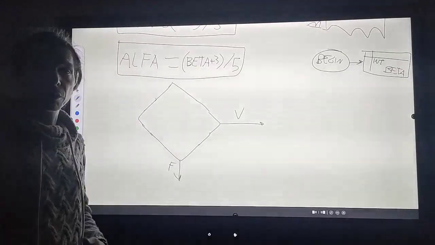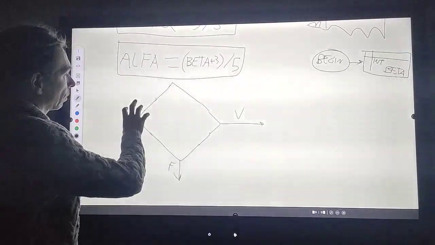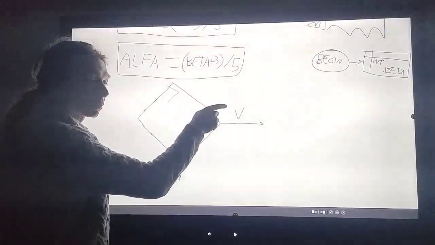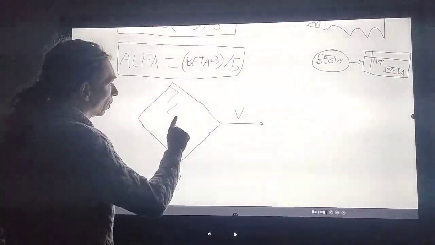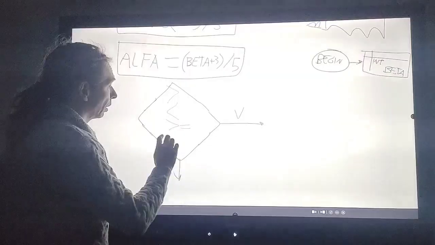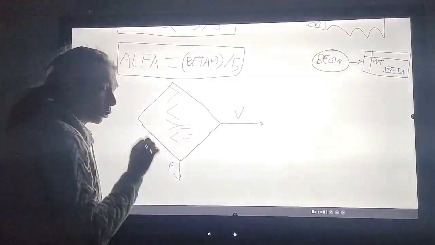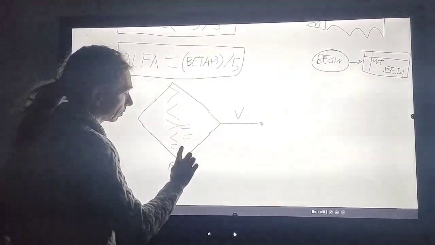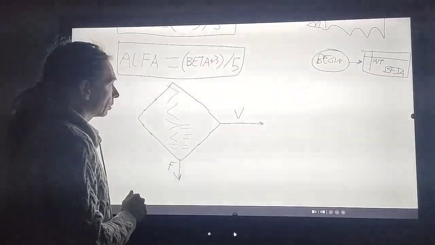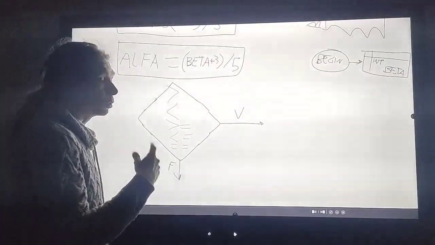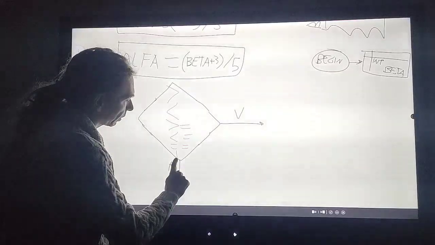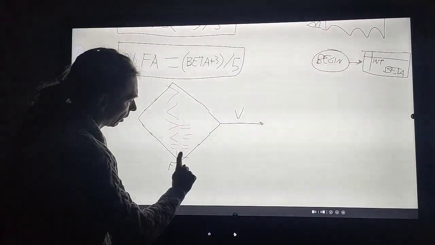And so I can ask the droid to check if something is greater than the other, or smaller than the other, greater or equal, smaller or equal, just equal, or different, not equal. This is an exclamation mark and equal.